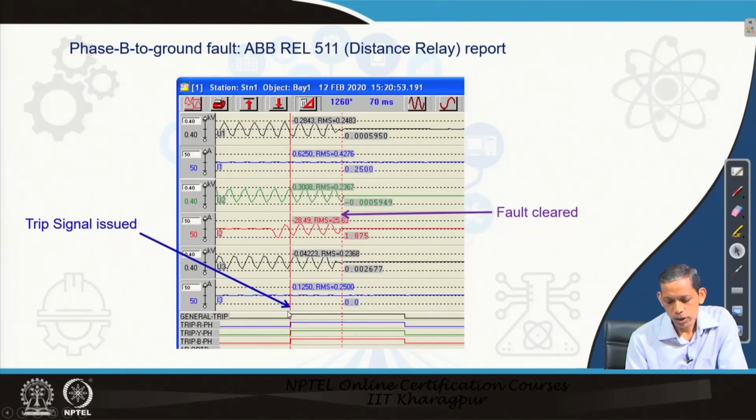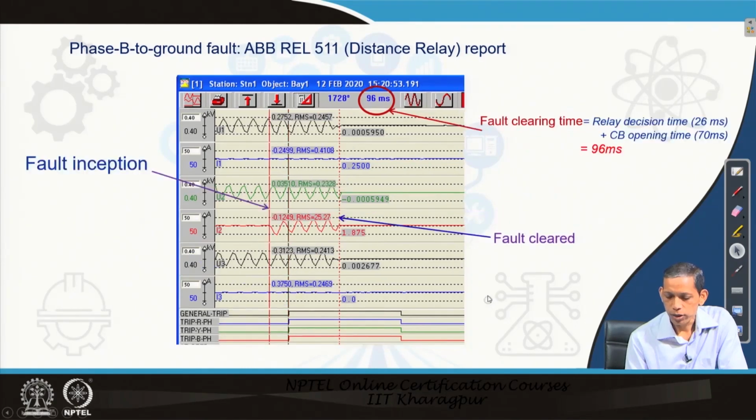From the relay trip command till the circuit breaker opening, this is the circuit breaker opening time, and in this case it comes out to be 70 millisecond.